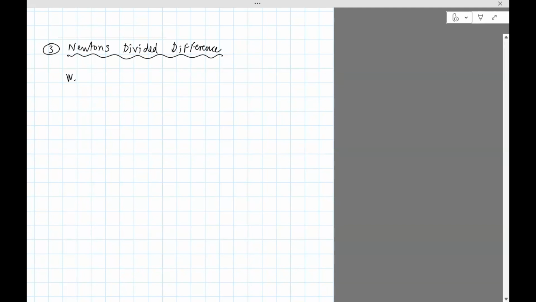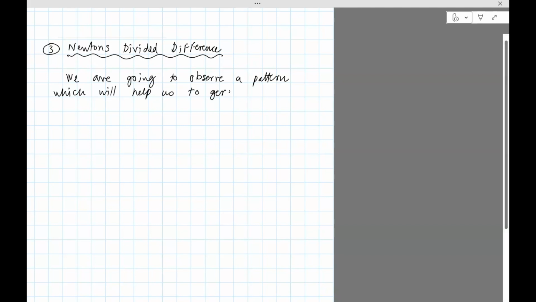So what we're going to do here is observe a pattern which will help us to generalize to n plus 1 points.